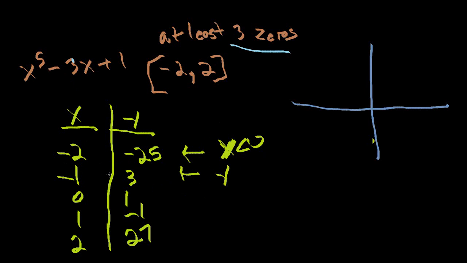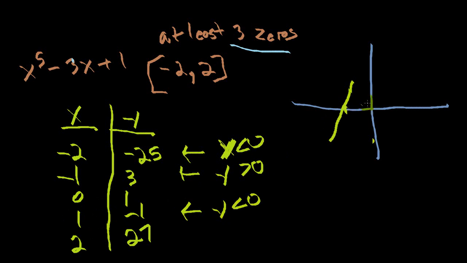The y value for this one is going to be greater than 0, which means in the function, we know that around the point -2, y is going to be some value that's less than 0. And then at the point -1, it's going to be greater than 0. So it's going to be up here somewhere. And for 0, it's still positive, so it doesn't really matter that much. But at the x value of 1, we get a y value of -1, which is less than 0. So the one down here, y value is less than 0 again.